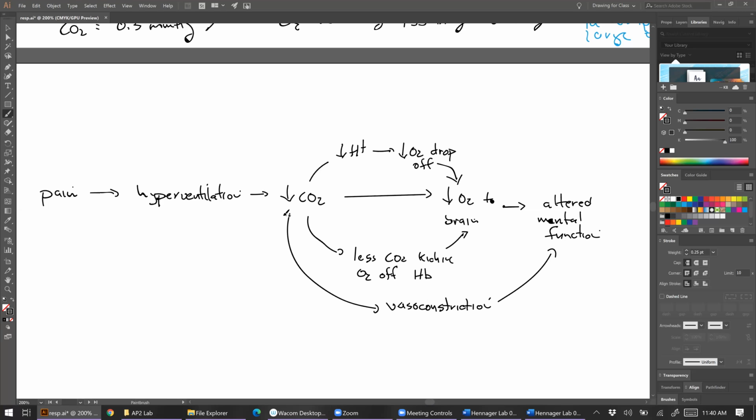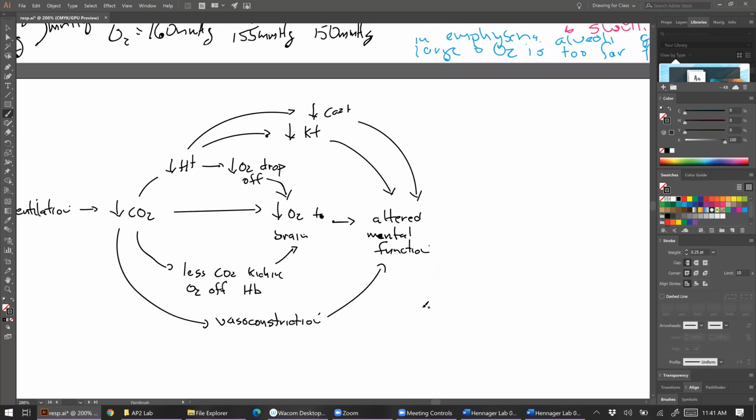And then also, this CO2, this acid, is going to cause low potassium, it's going to cause low calcium. And so that's going to alter action potentials, could alter action potentials in the lungs. So all of these together are going to cause people to start acting weird.